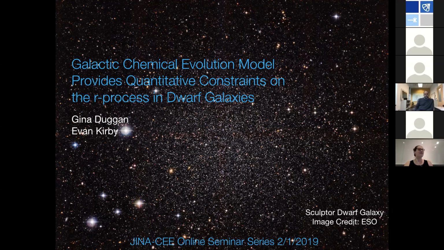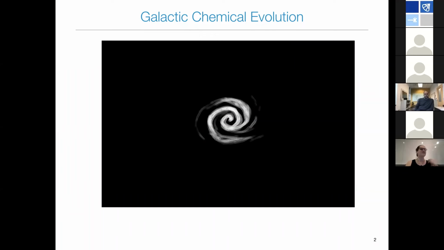Okay, so we'll start out with a bit of a cartoon talking about galactic chemical evolution. Here's a cartoon galaxy where the gas is shown. The important processes that drive galaxy evolution: you start out with the gas in the galaxy, and then stars are formed out of it and they adopt the chemical composition of the gas of when they were born.